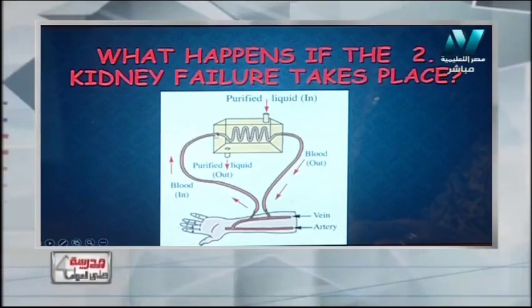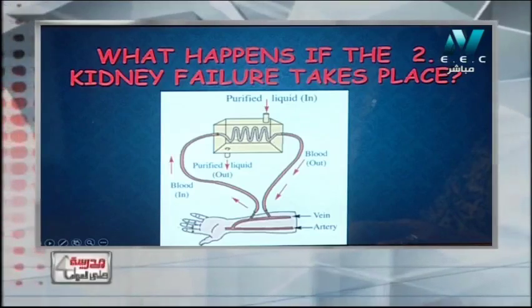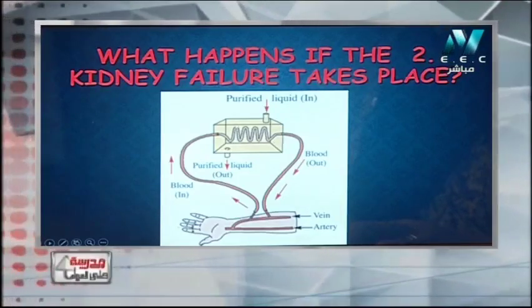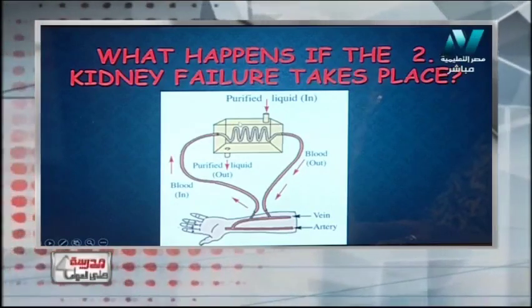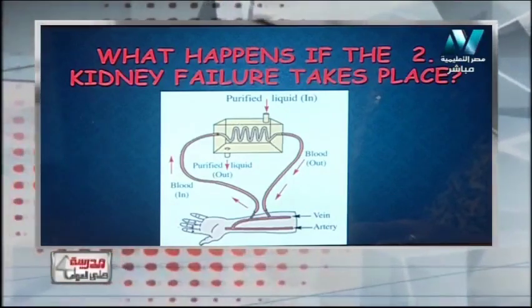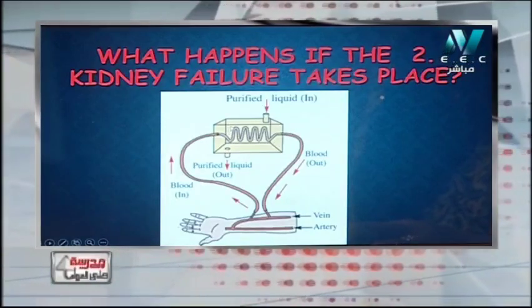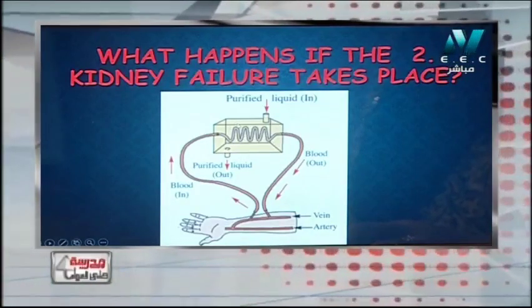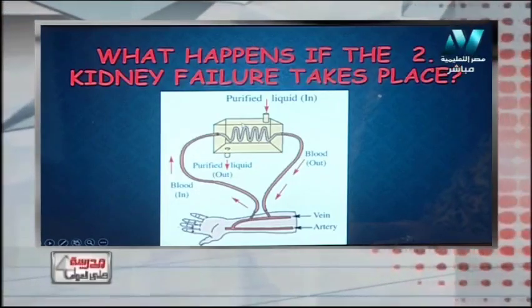Again, the blood goes into the coiled tube inside the device and is filtered from the waste materials, especially the urea, all of the nitrogenous wastes, and the excess amount of salt, excess amount of any other waste materials and poisonous substances.